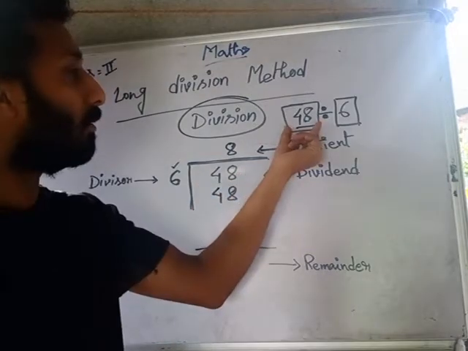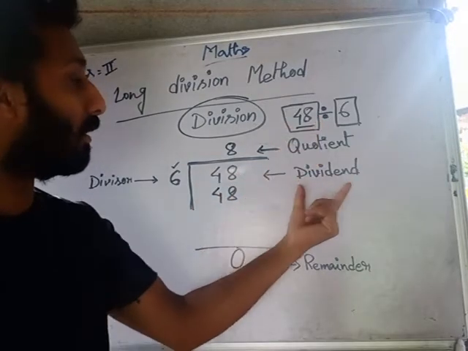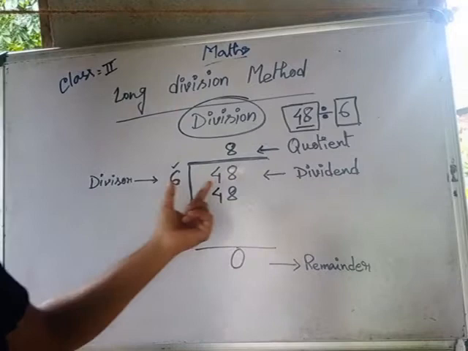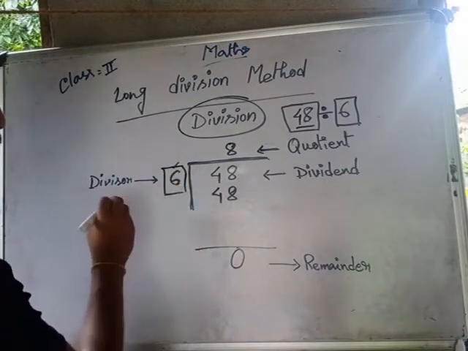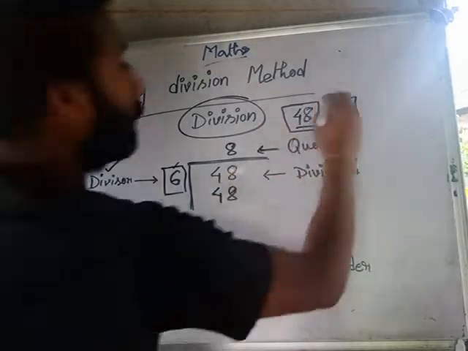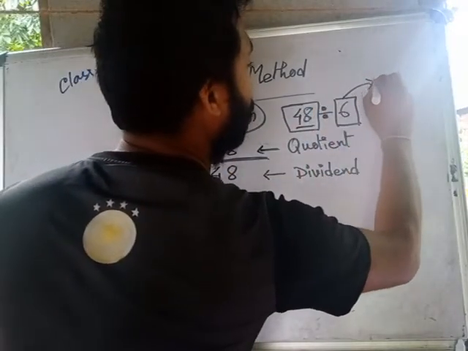The number which we have to divide is called the dividend. And the number by which we divide it is called the divisor.